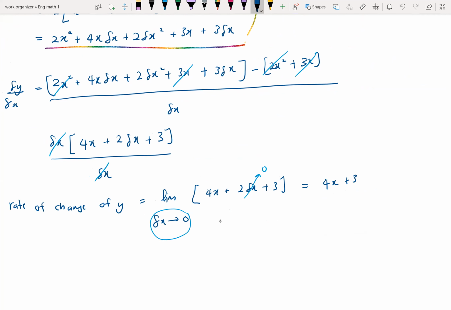When x is equal to 2, the rate of change of y, y prime, is equal to 4 times 2 plus 3, so we get 11. Then when x is negative 3, y prime is 4 times negative 3 plus 3, so we have negative 12 plus 3, which is negative 9.